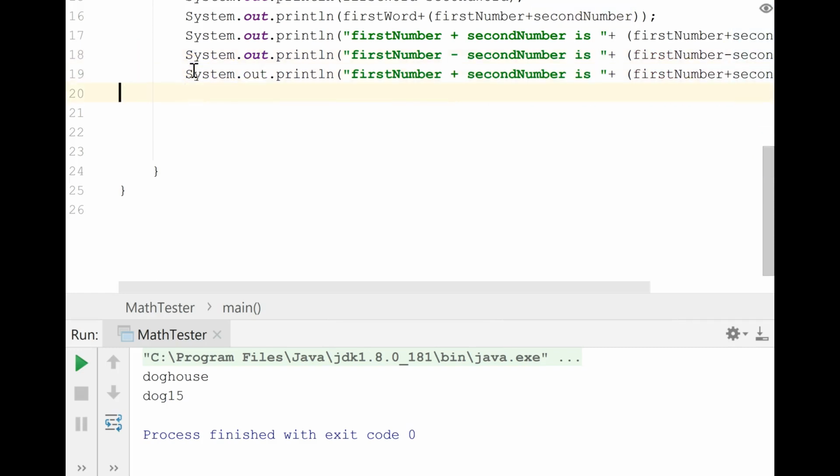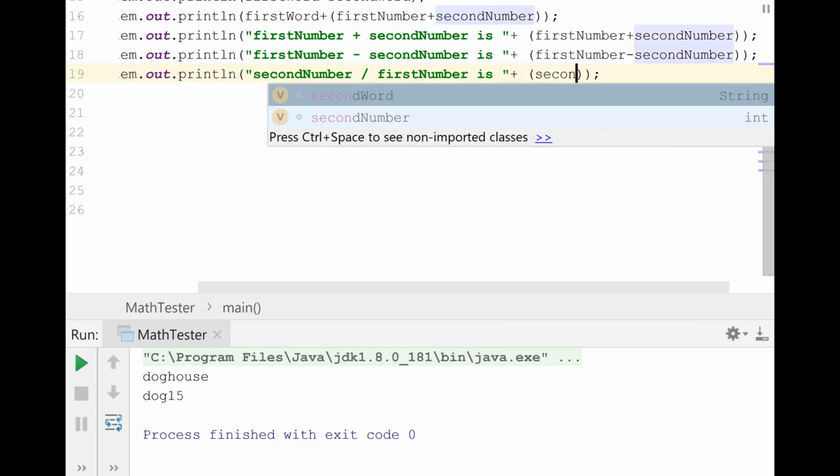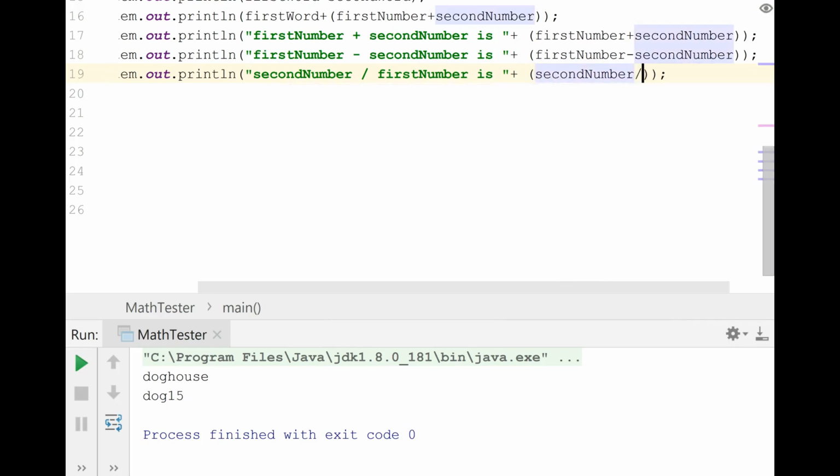Let's go ahead and copy it again. Let's do second number divided by the first number.